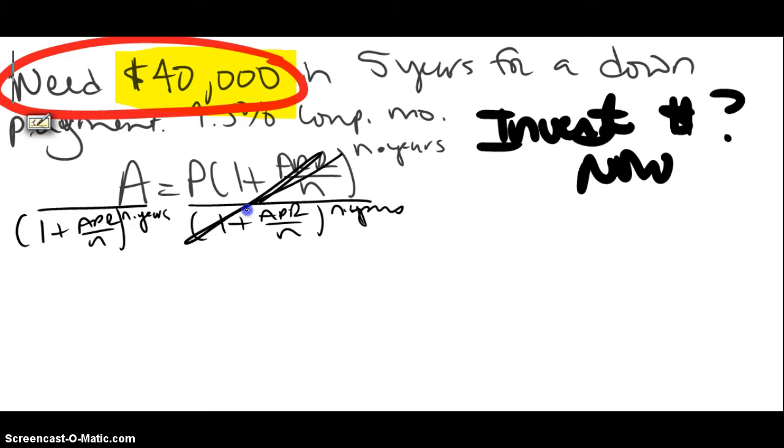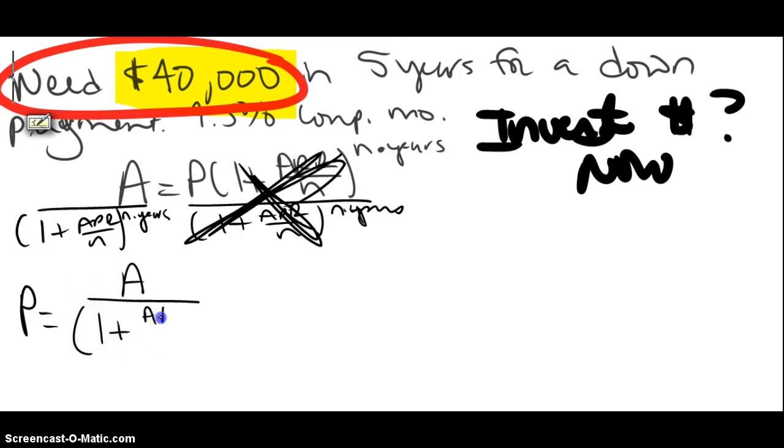All right, so these cancel. And so my formula is P equals, which is the principal or the present value, the money you're investing today, is going to be the amount of money with interest, which is your future value. That's what you're going to have in the future. And then here we have the rest of the formula.